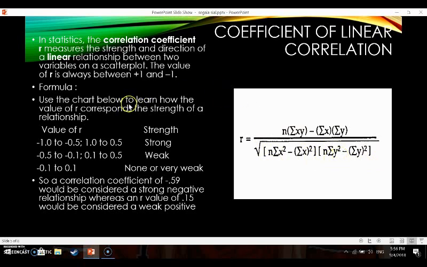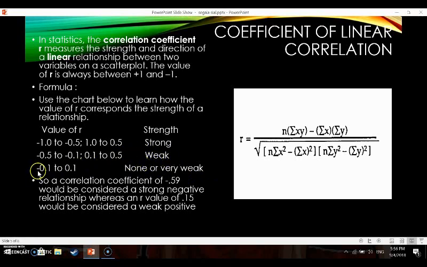So using the chart below, we can learn how the value of R corresponds to the strength of a relationship. If you get an R value between -1 and -0.5, or 0.5 and 1, the strength is strong. If you get -0.5 to -0.1, or 0.1 to 0.5, the strength is weak.